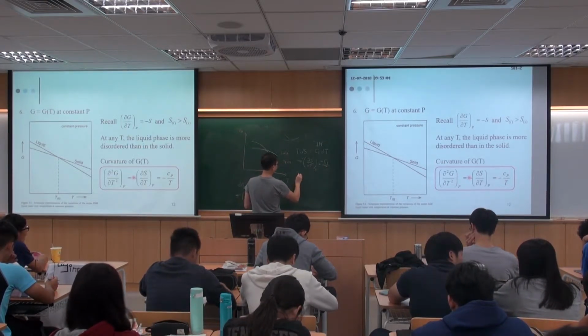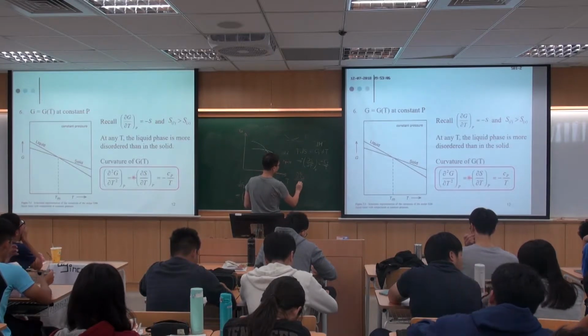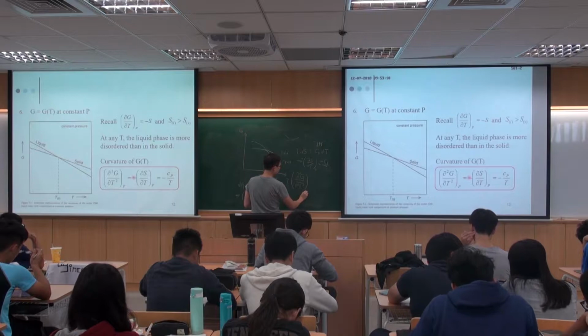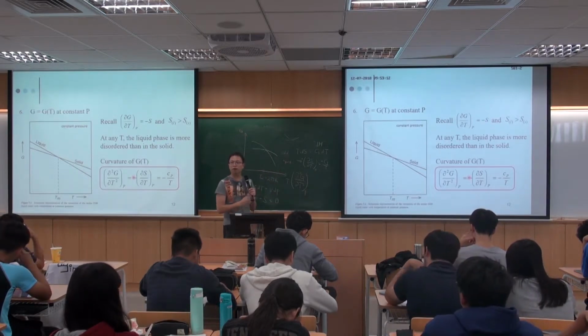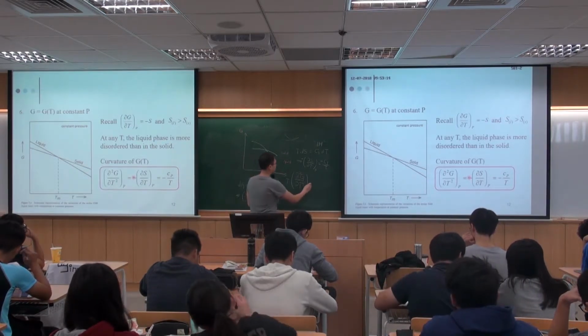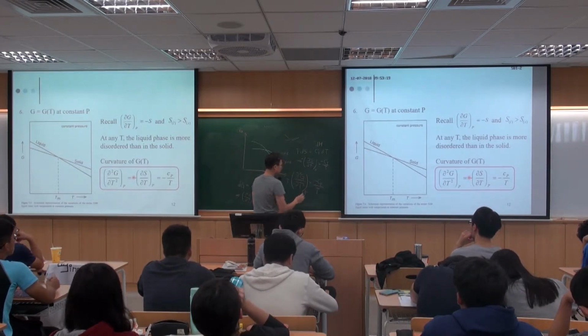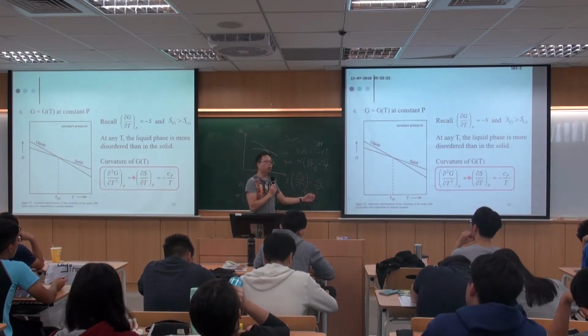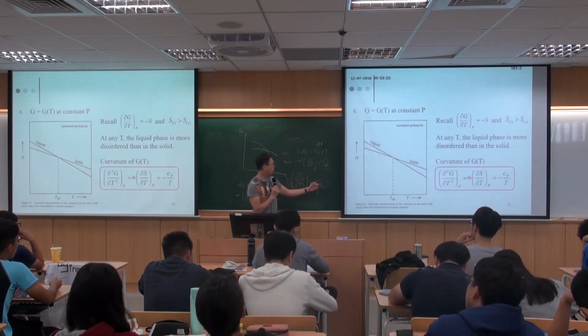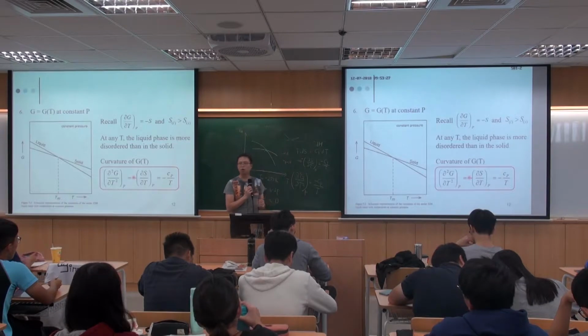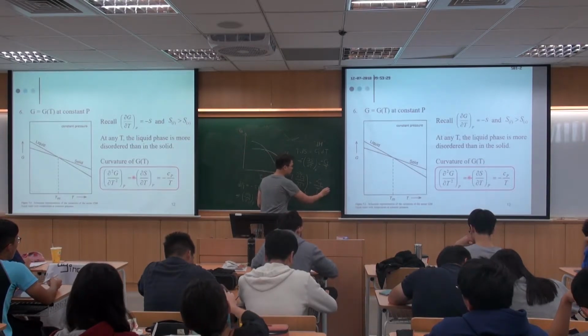So this tells us that the curvature, which is the second derivative of Gibbs free energy against temperature, should be minus Cp over T. And we know that temperature should always be a positive number, and Cp should always be a positive number. Therefore, this is always negative.